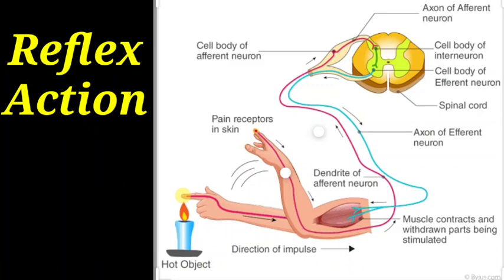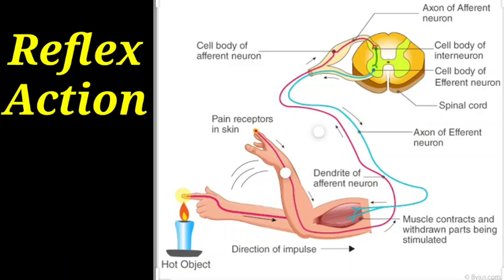Now figure number 2, in that the burned finger is shown to you. Here the pain is received in the skin, and from there the message is given to the neurons. In the diagram you can see the red color is passing on the impulse, and the blue color is giving fresh blood to the body.